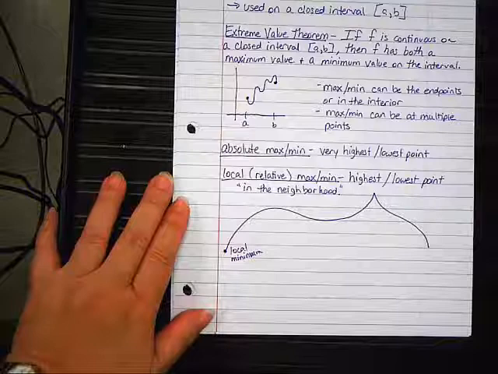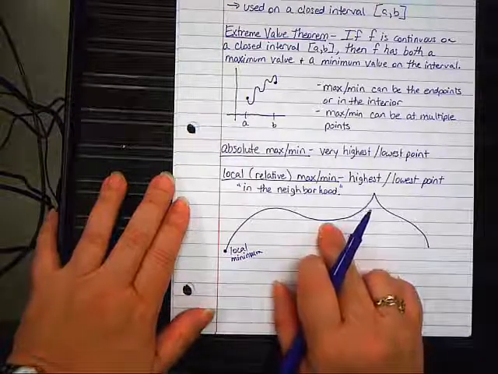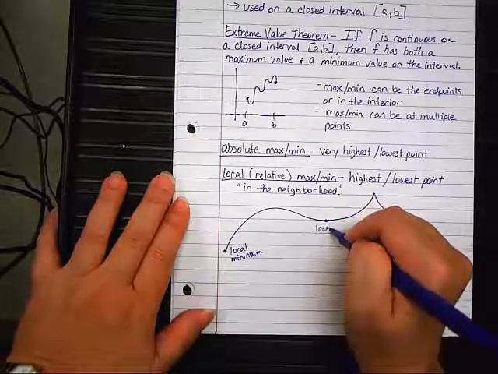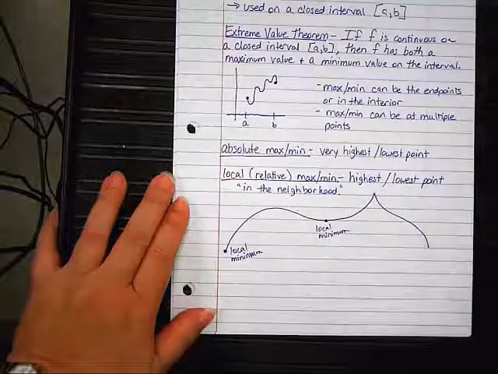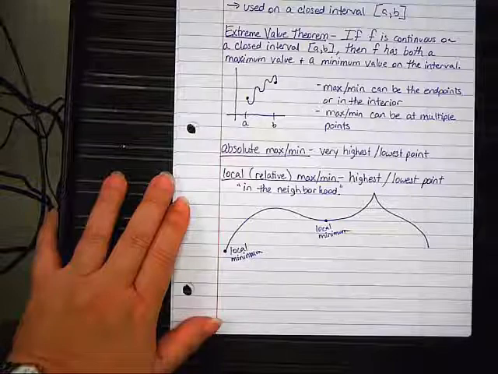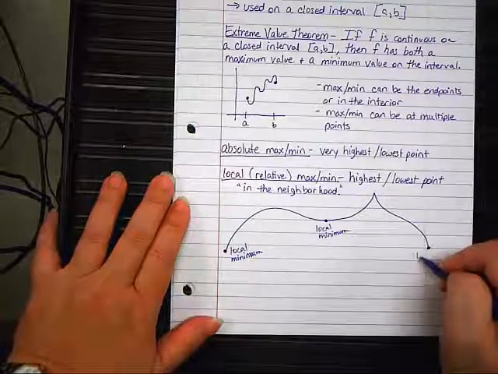The next one, as you travel the path, is right about here. Local minimum. And where's the final one? At the end. Put a dot right there, local minimum.